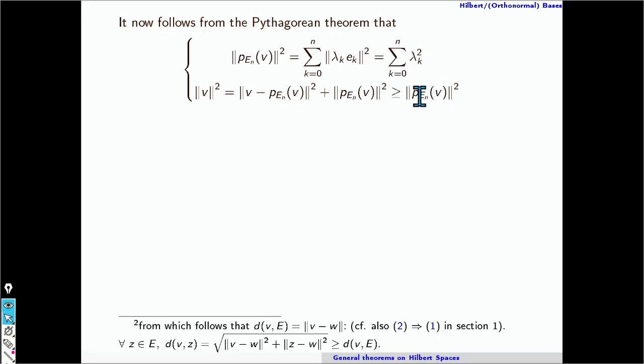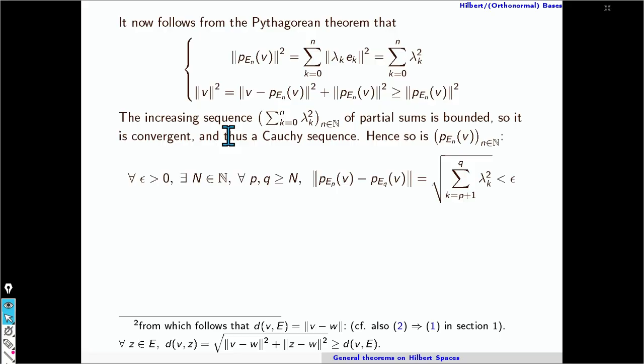So this is equal to this, and it is bounded by the norm of V squared. Then since R is complete, a bounded increasing sequence admits a limit. The sequence is thus Cauchy. It then follows that the sequence of projections is also Cauchy. Indeed, again by the Pythagorean theorem, the norm of the projection on EP minus the projection on EQ squared is equal to this sum.